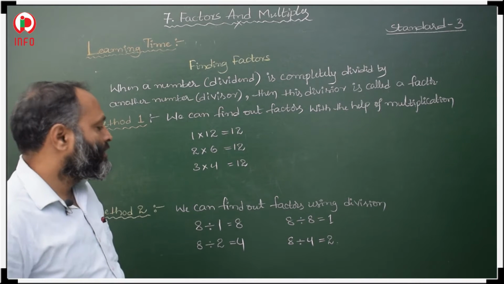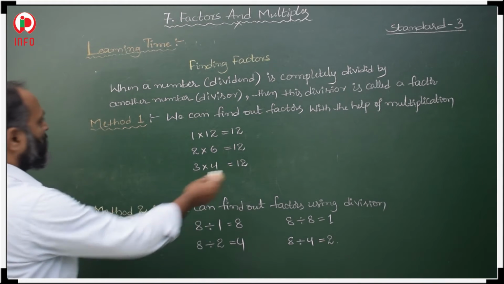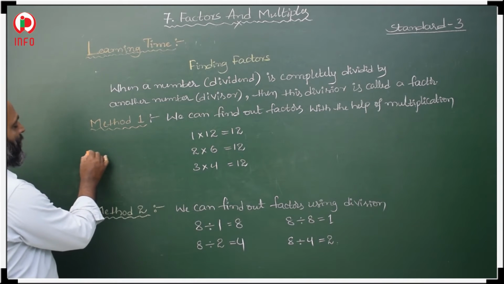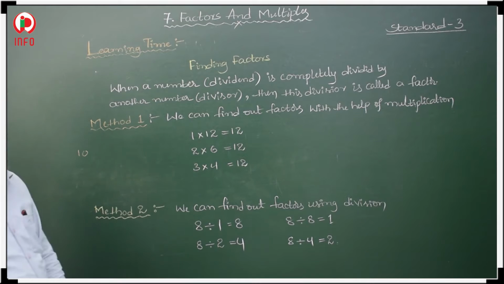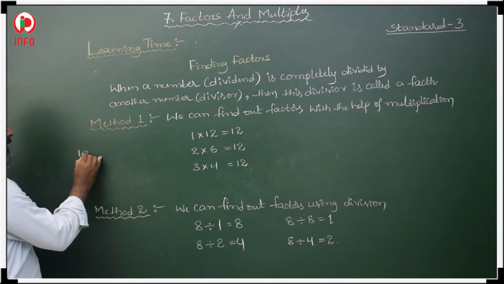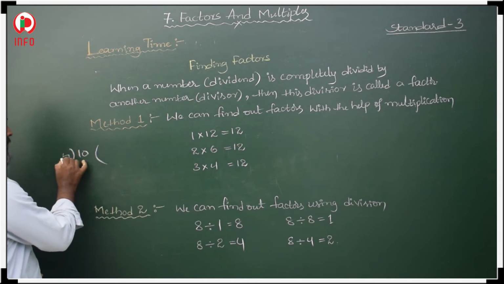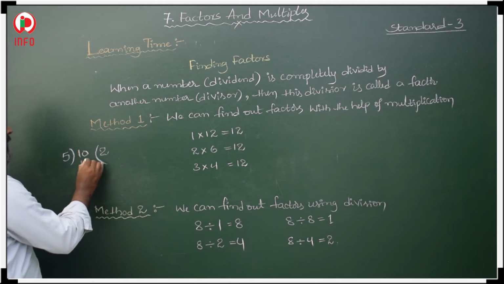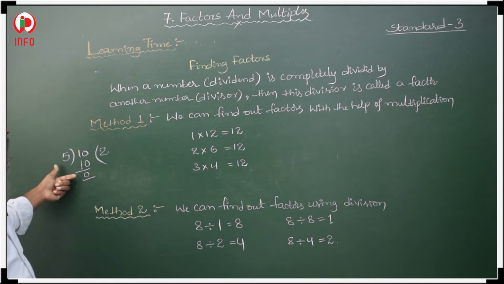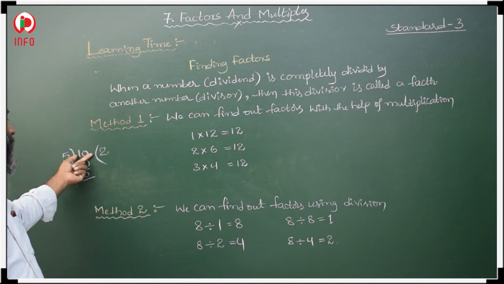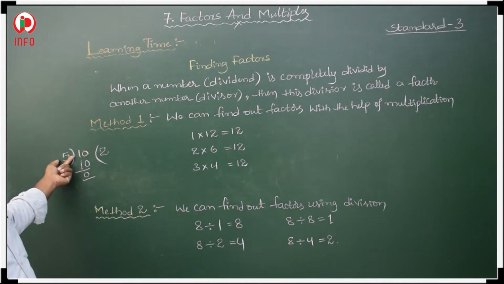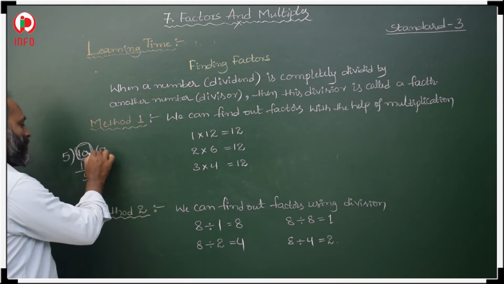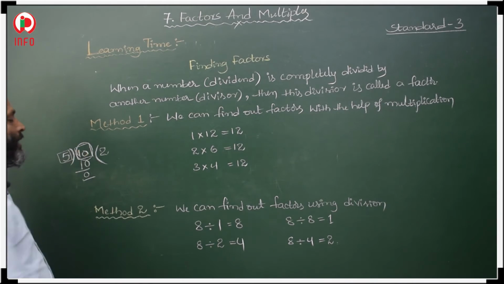How is it a factor? For example, take a dividend, 10. 10 is the dividend. If we divide it by the divisor 5, 5 2s are 10. So 10 is completely divided by 5.